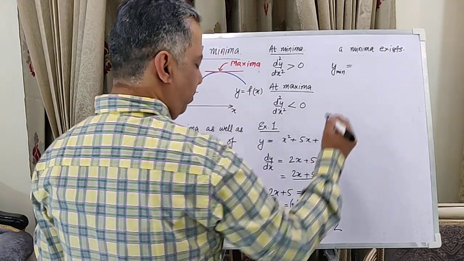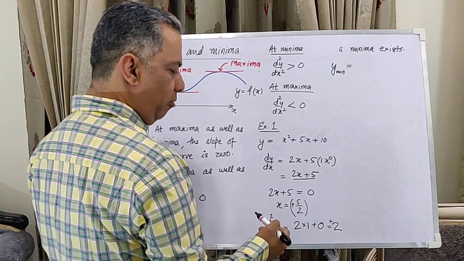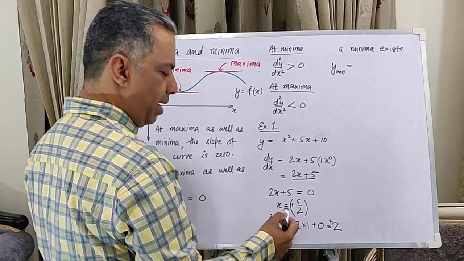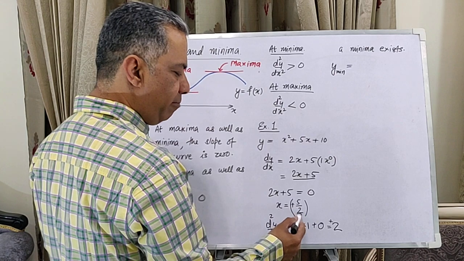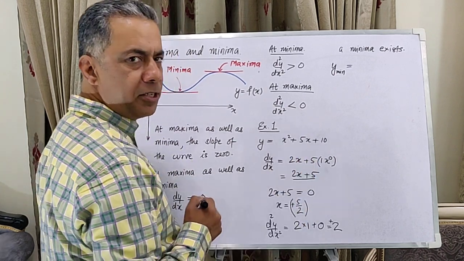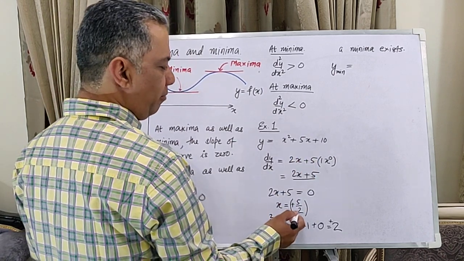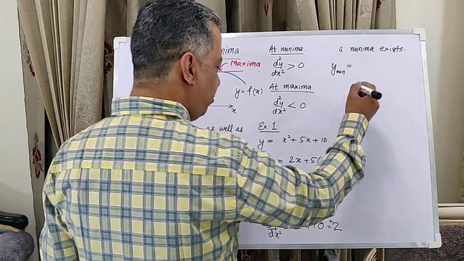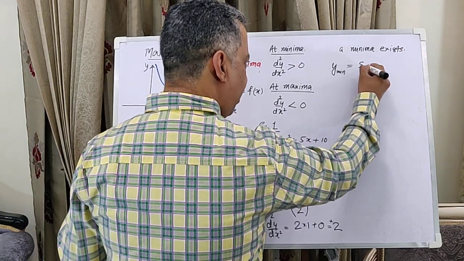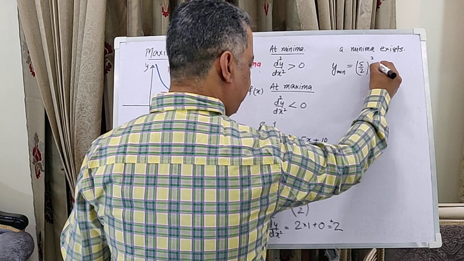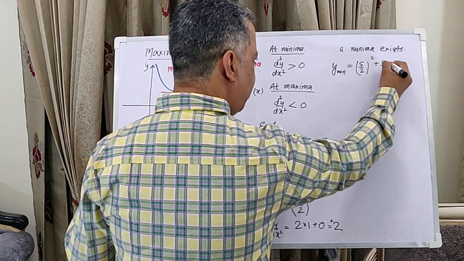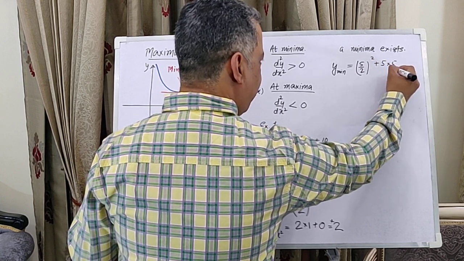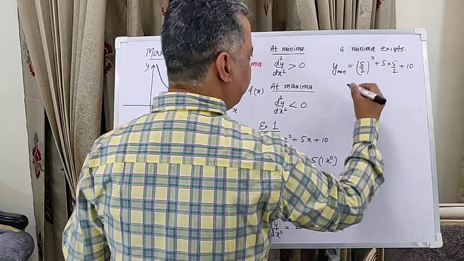So the minimum value of y will be calculated by substituting x as minus 5 by 2 in this function here. So in place of x, we substitute minus 5 by 2. Let's see what we get. Minus 5 by 2 whole square plus 5 into minus 5 by 2 plus 10.